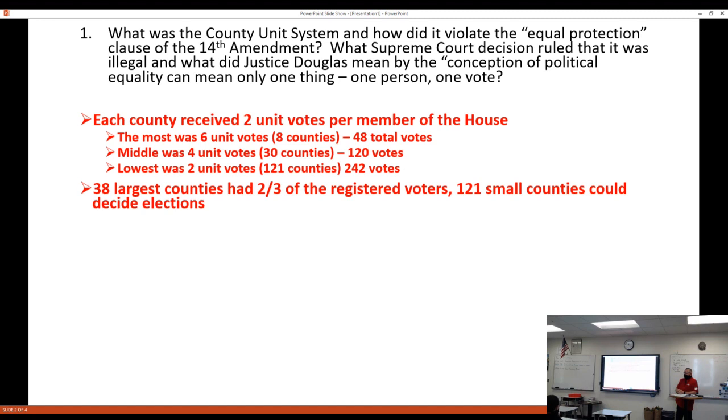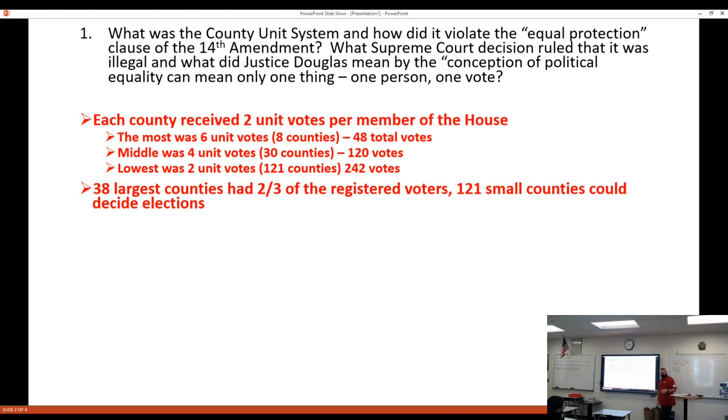I'll take myself out. So there's 10 of you. A third of you under the county unit system could decide what the rest of this class were going to do, if we were to use that kind of system. The rest of you, your vote really doesn't count. And that's what happened under the county unit system.